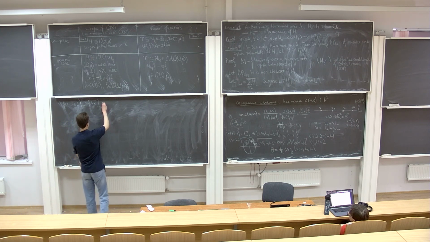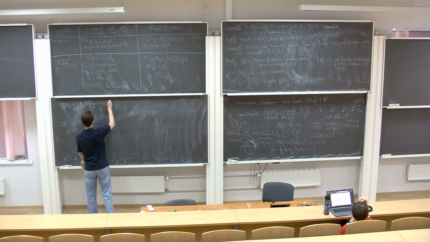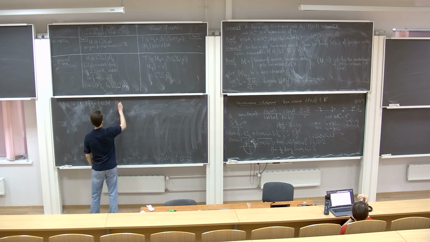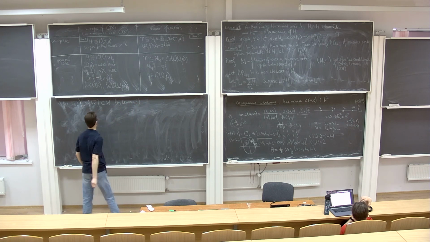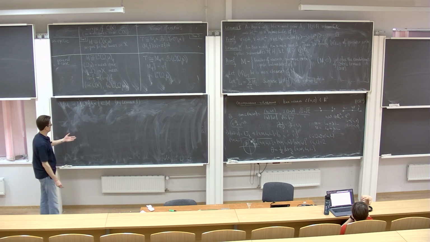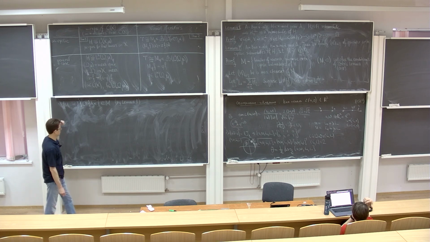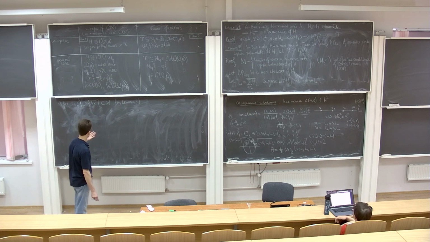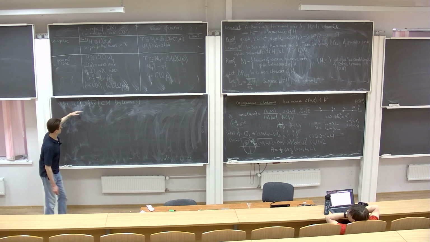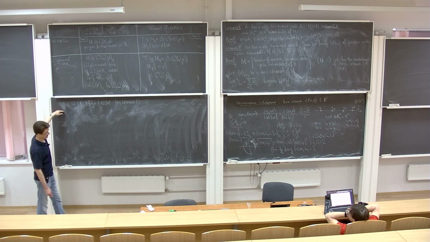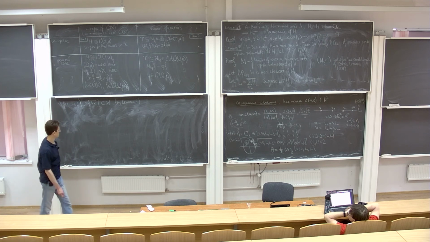I claim that this family is still in M, and this follows from lemma 1. Indeed, x is in the orthogonal complement, which is a submodule, and so the cyclic submodule generated by x is contained in the orthogonal complement of L. So this cyclic submodule is orthogonal to any H_i, and so this is also a family of pairwise orthogonal cyclic modules.